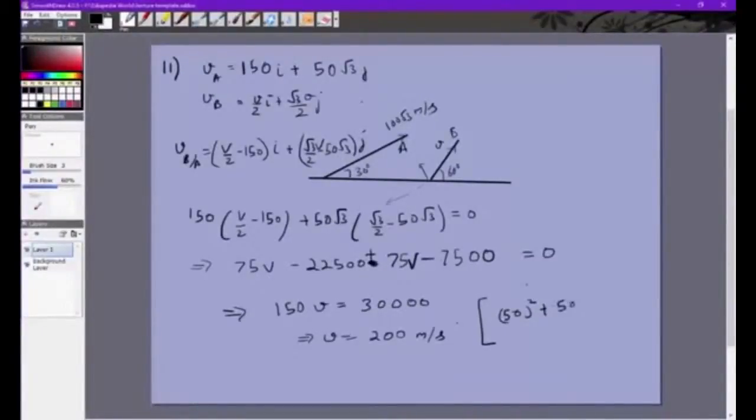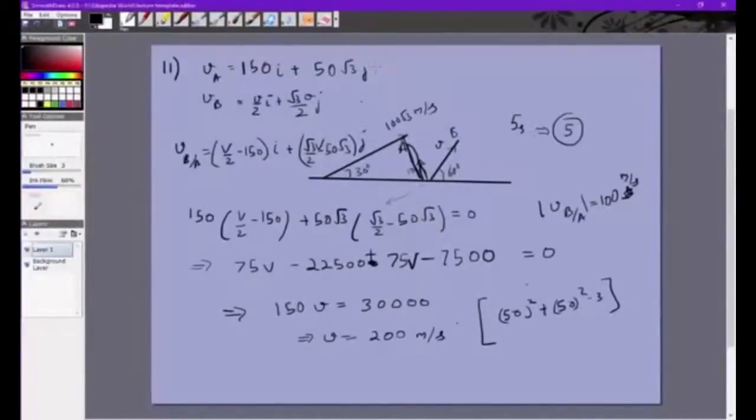So that is 50 squared into 3. This is 50 squared into 4, the root of it will be 100. So the magnitude of V of B with respect to A is equal to 100. So it's moving in this direction perpendicular to A at a speed of 100 meters per second. And also it's given that A finds B at a distance of 500 meters. So this distance is 500 meters and the speed is 100 meters per second. So the time taken will be 5 seconds, which means the answer will be 5.